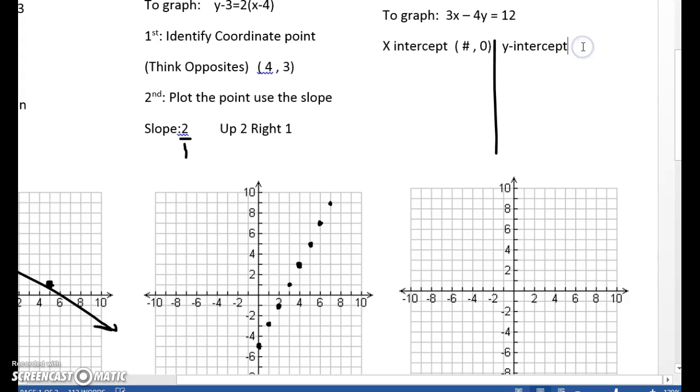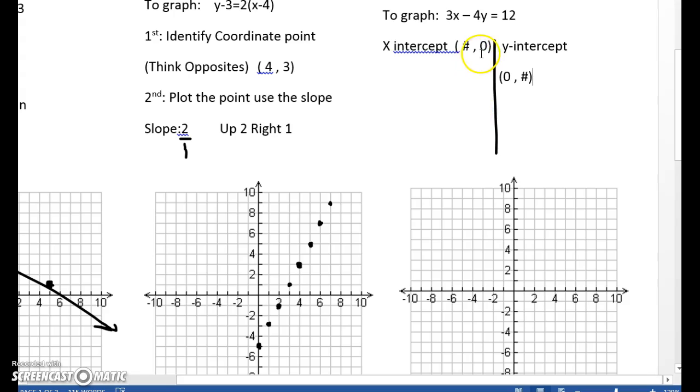But for my y-intercept, that's where it's always going to be 0 in the x direction. Because if here I'm on the y-axis for my y-intercept, notice how I've gone nowhere to the left or to the right, nowhere in the x direction. And then we're looking for that number there.